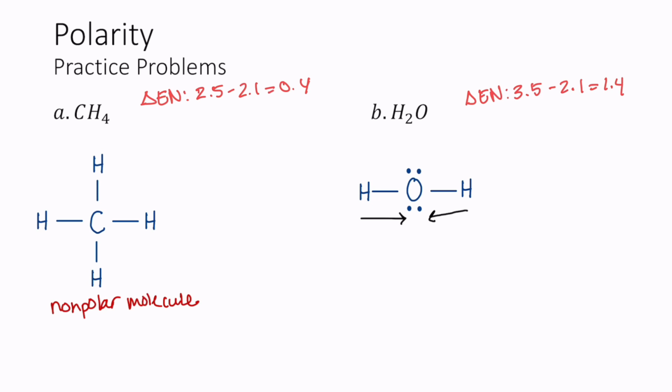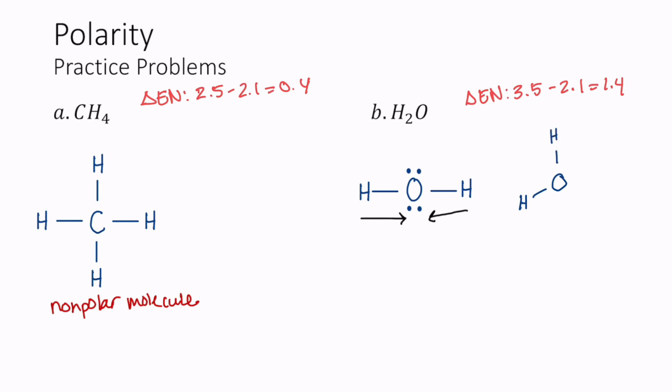When people draw these out, they think, oh, they're going in equal and opposite directions. They're going to cancel themselves out. However, this does not show the geometry. This only shows the 2D representation. We have to remember that this is a tetrahedral molecule, which means I have my oxygen here. One of my hydrogen is going to be going down here.